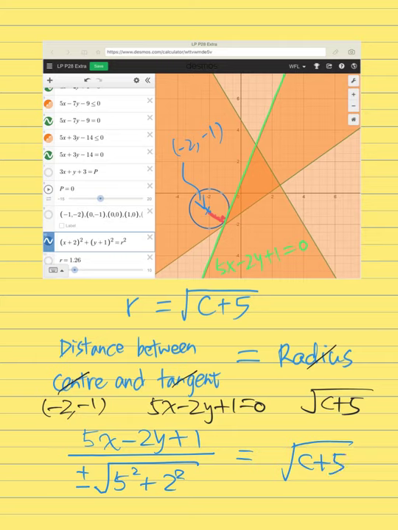with x replaced by -2 and y replaced by -1. By simple calculation, the numerator is -7 and the denominator is square root of 29, and we have to take the negative side because the right hand side is square root of c plus 5, which is positive, and the left hand side and right hand side should have the same sign.